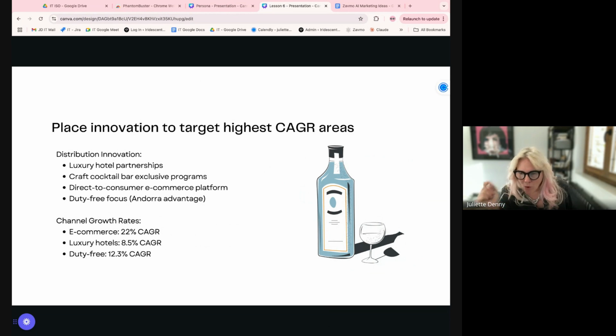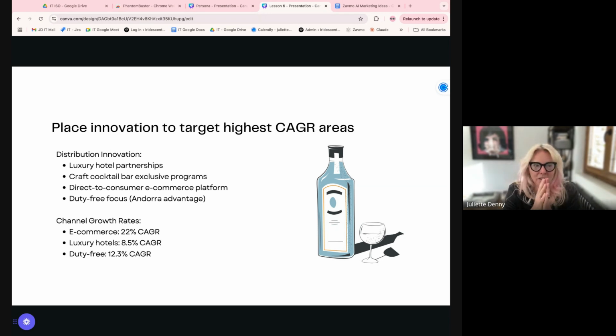And again, we always come back to, within the distribution for the gin market, which are the highest growth areas, right? And again, we can ask ChatGPT or Claude or whatever, where is the money in this market?